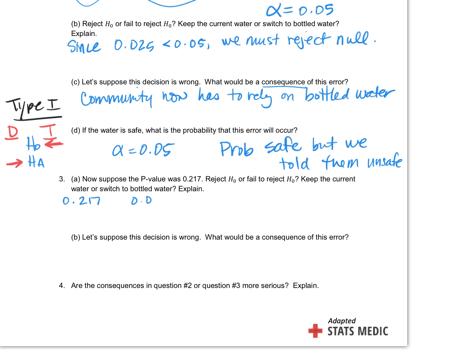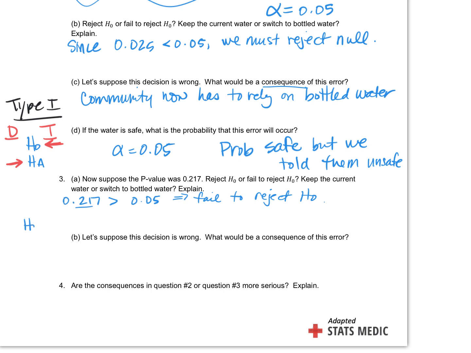Reject the null. If the p is low, we reject the null. Is this lower than that? So we fail to reject. We failed to reject. Snoop, don't talk like this. We failed to reject the null, okay?